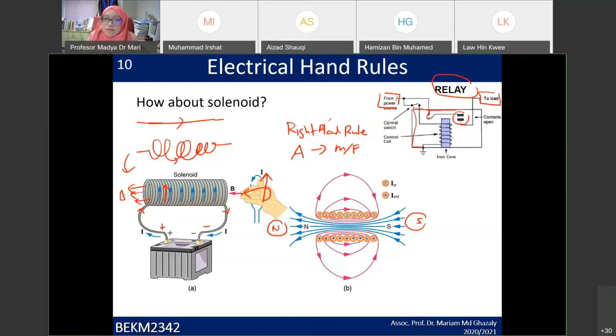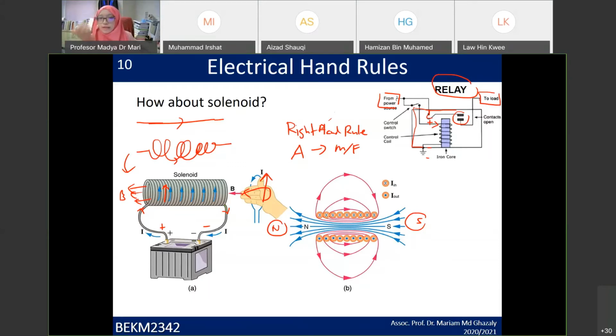Okay, let's go through the relay right now. For example, we have the positive current and negative current. Which direction is the current moving? Moving in this direction.